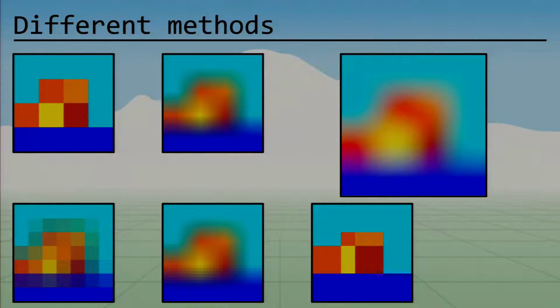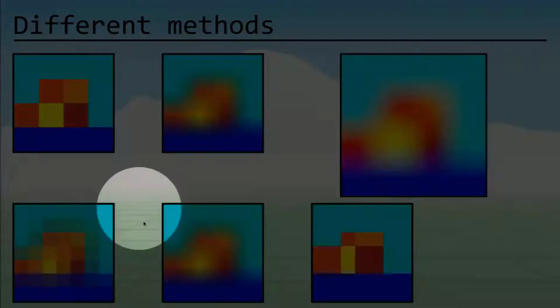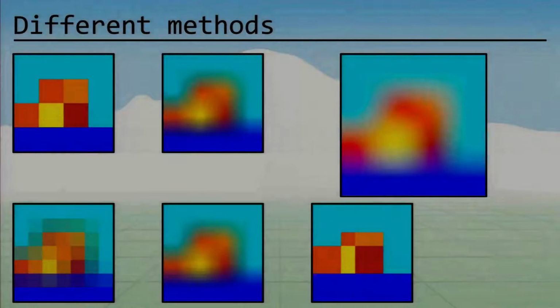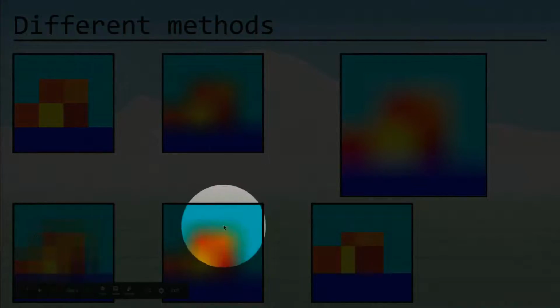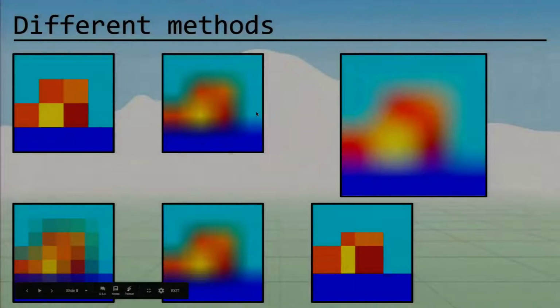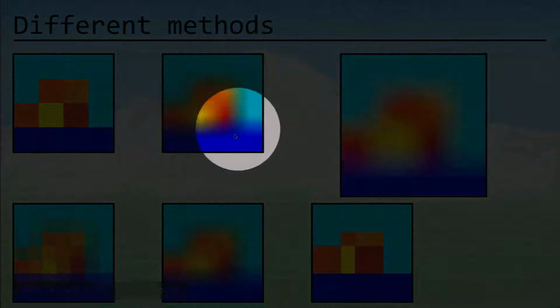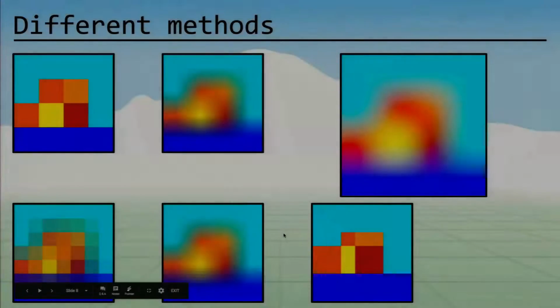And we talked a little bit about different methods of doing this interpolation. Let's see, we have nearest neighbor. We have different versions of bilinear, so more pixels and fewer pixels, and then some bicubic interpolation.